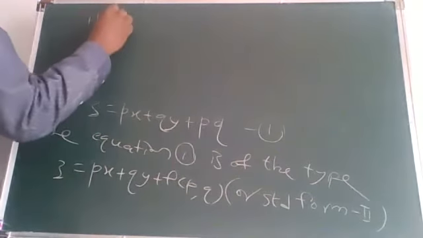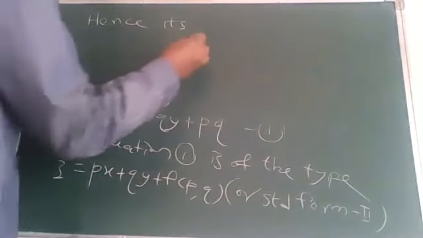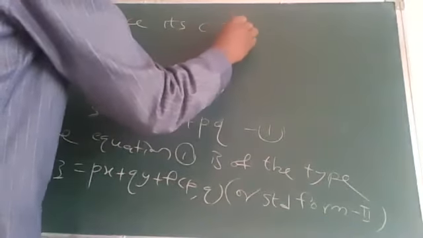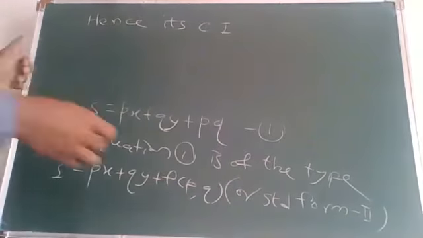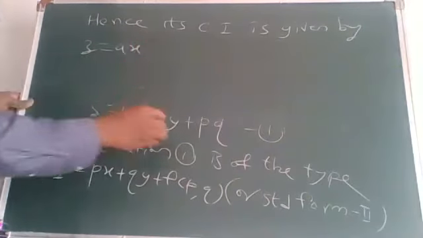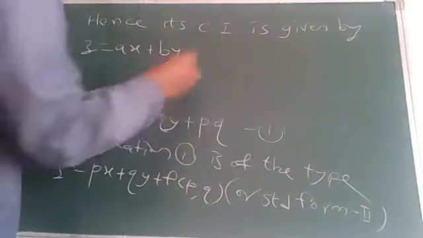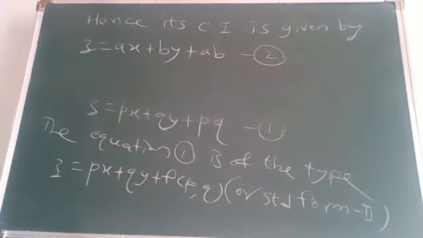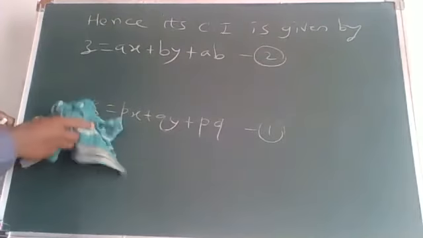Hence, its complete integral, C.I., is given by z equal to ax plus by plus ab.